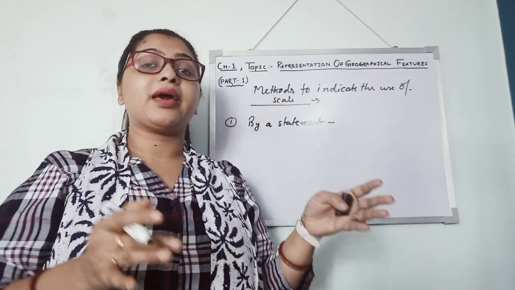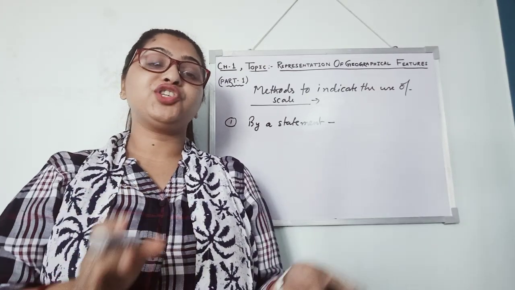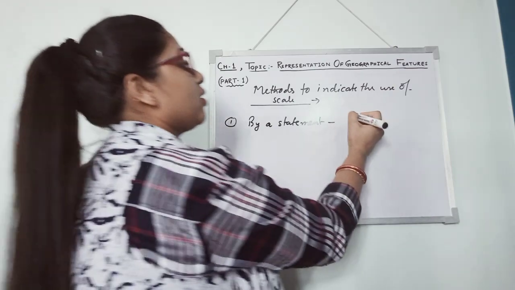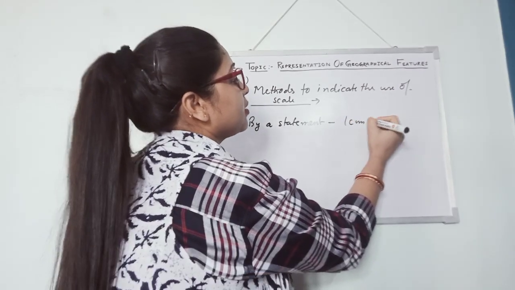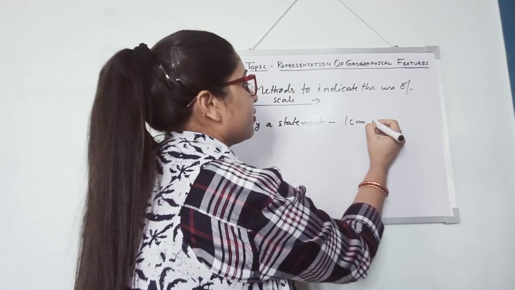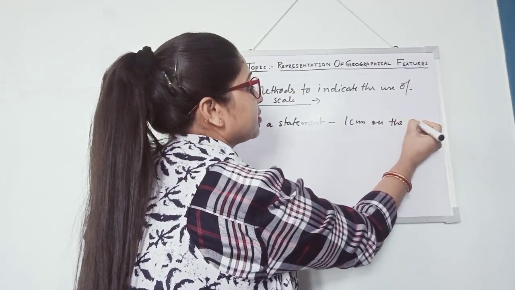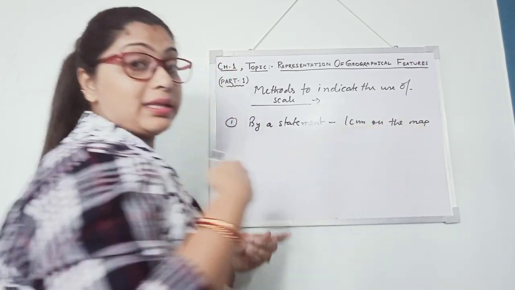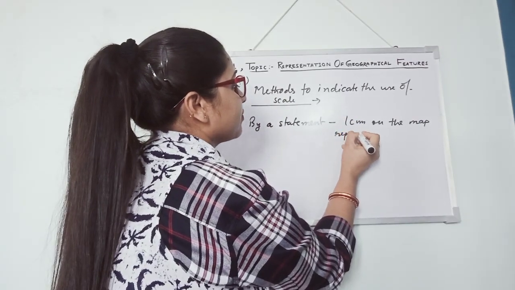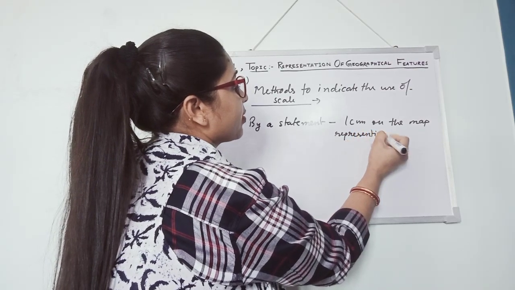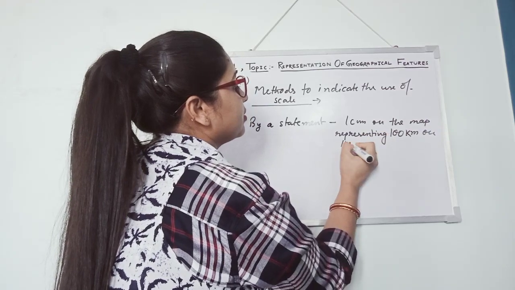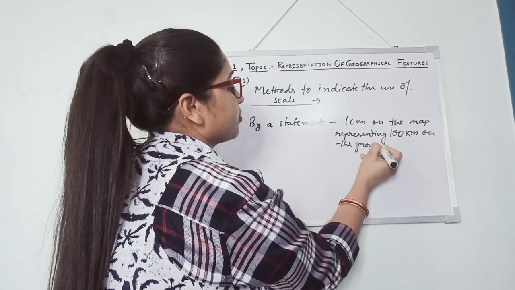So what is the statement? Through a statement we tell how much area we are going to represent, like 1 centimeter on the map represents 100 kilometer on the ground.